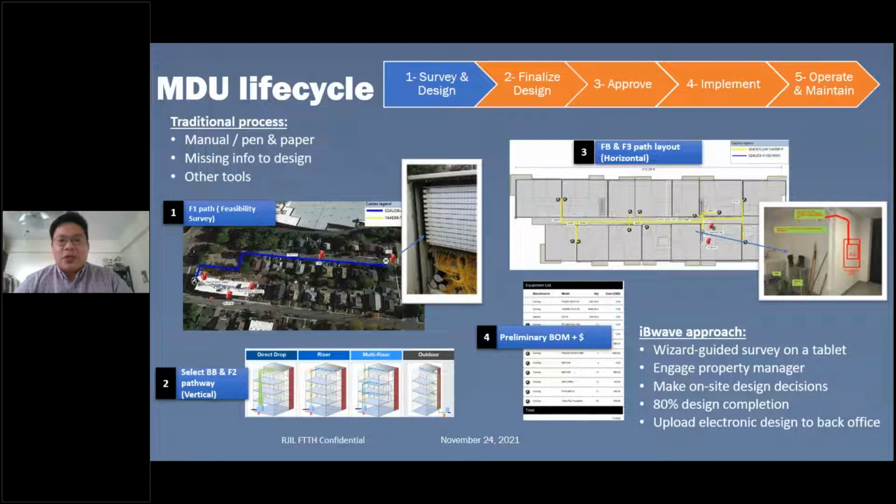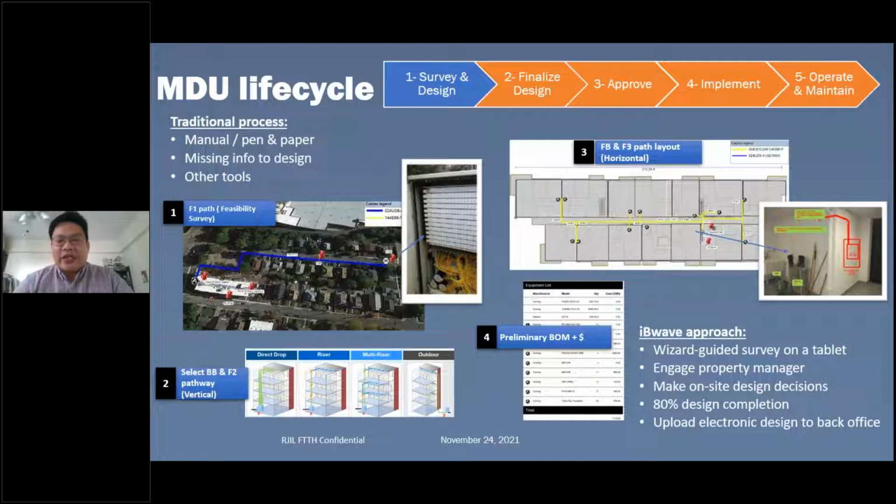Extra information allows us to visualize where to install our equipment. On top of this, we're able to easily point out where is the outdoor, where is the indoor, and how is the vertical, which is the riser. It is much easier for us to engage the property manager with all the visualized effects. They're able to see it with their own eyes in the on-site report.